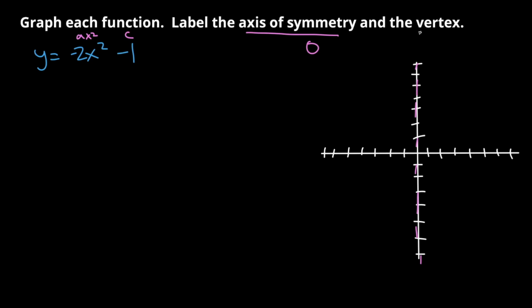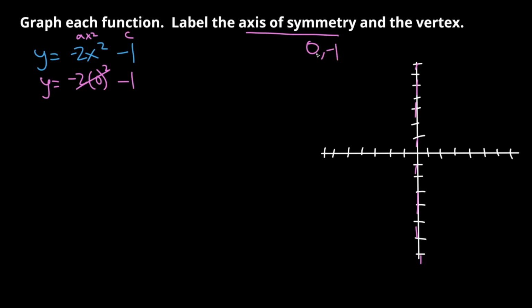Then we can go ahead and find the vertex. So we plug in 0 in our problem. We have y equals -2 times 0 squared minus 1. This is 0, because -2 times 0 is just 0. Then we have minus 1. So y equals -1.